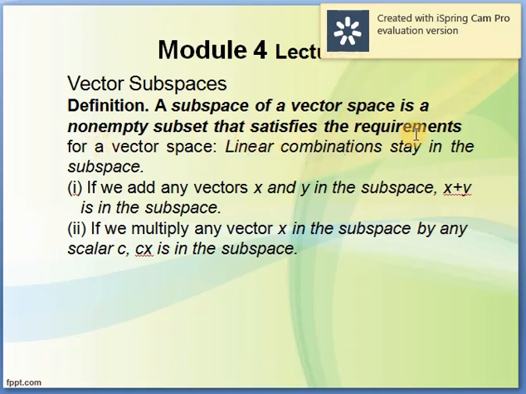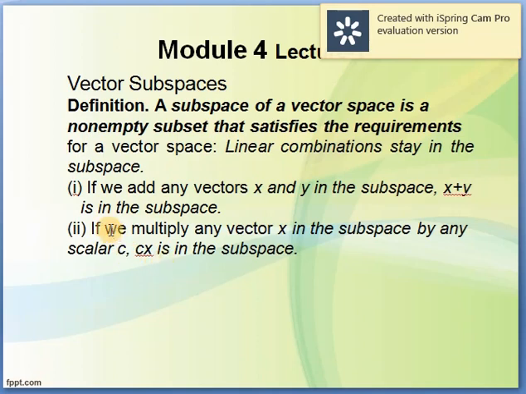The requirements are linear combinations, meaning the additive and the multiplication properties should be satisfied. If a subspace contains x and y components of the parent vector space, then the subspace should contain x plus y, and a 0 in it, by the first property.